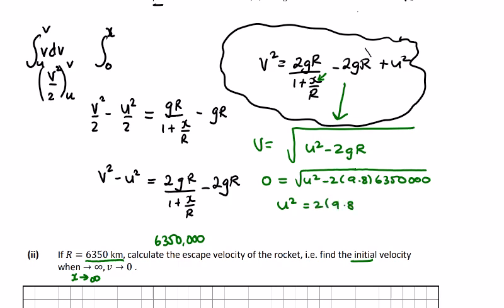If I square both sides and bring it to the left, and the square root of this will give me u, and the square root of this on a calculator, it's a massive number, 12446 with 4 zeros is u squared, so then 11156 meters per second. So that's the end of question 4.